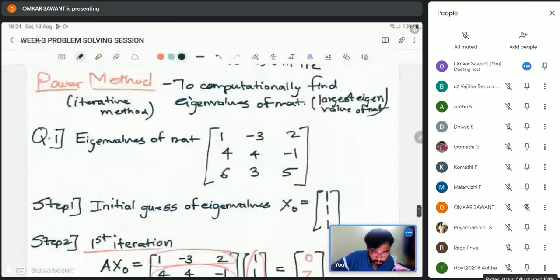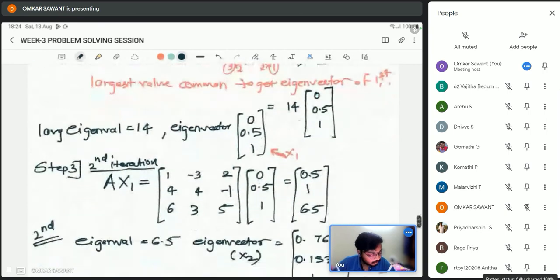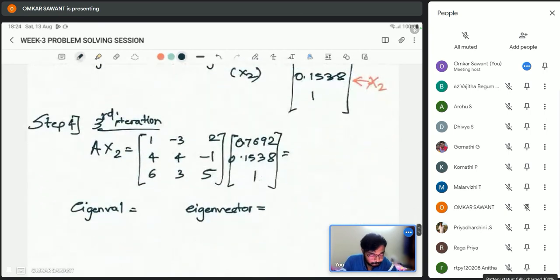Nothing difficult in this. So the product values A x2: 1 minus 3 2, 4 4 minus 1. The first value is minus 1.3845, sir.